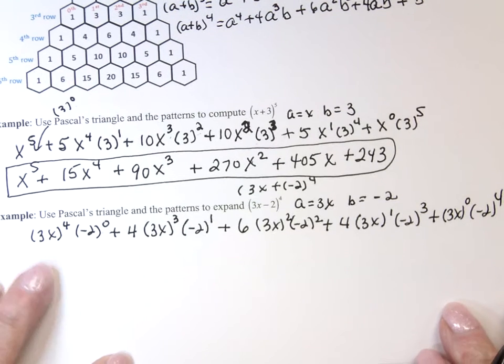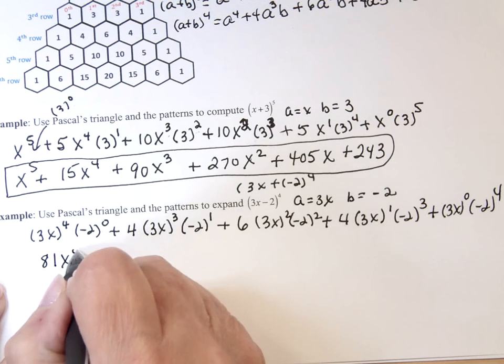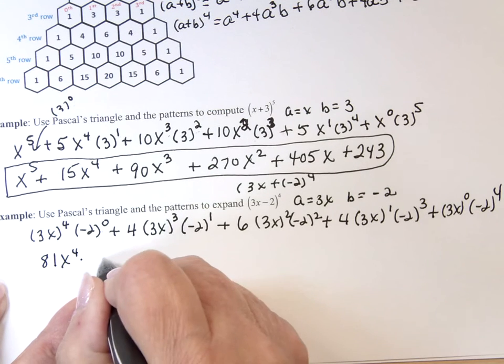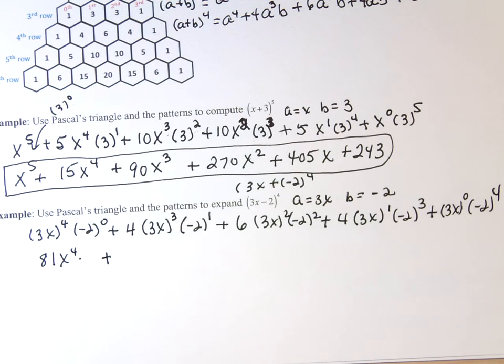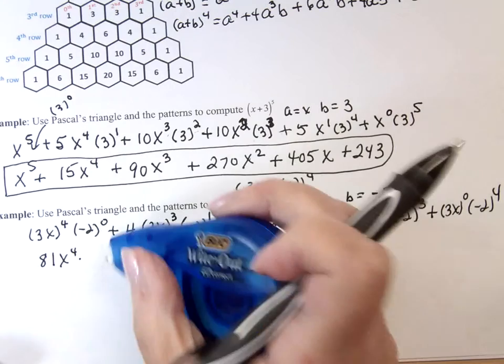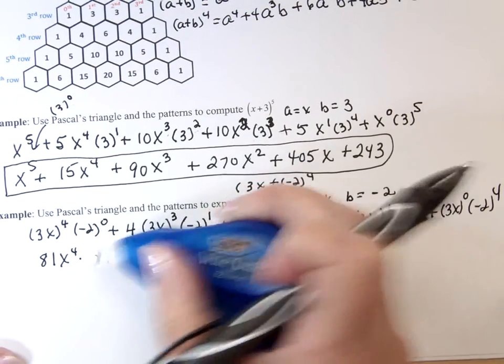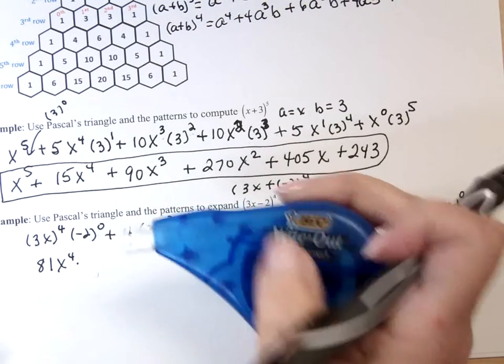3x to the 4th is 81, x to the 4th, times 2 to the 0 is just 1, so that's okay. Now, I need to be very careful here, and I need my white tape, and I'm going to say, well, why? I've got an alternating one occurring, so this is not really plus. Because anytime I raise negative 2 to an odd power, it is going to be what?